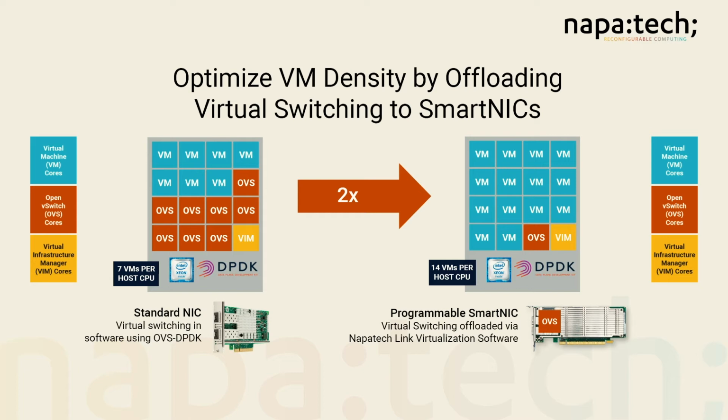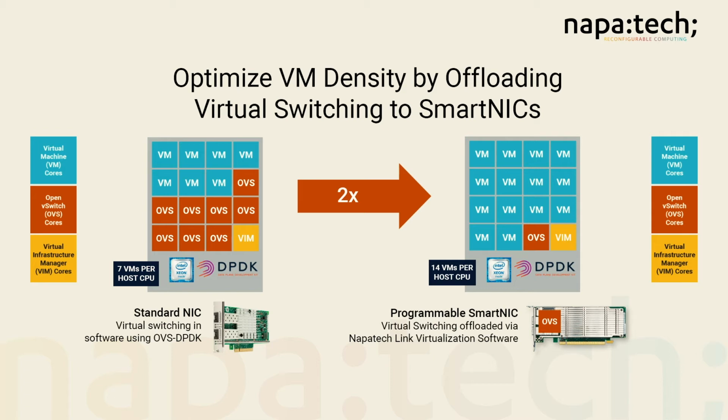On the left, the implementation that uses a standard NIC has to run the virtual switching in software using OVS DPDK. 8 cores running OVS are required in order to switch the traffic that is consumed by 7 cores running VMs, with a single core dedicated to the Virtual Infrastructure Manager or VIM. So the VM density is 7 VMs per host CPU.